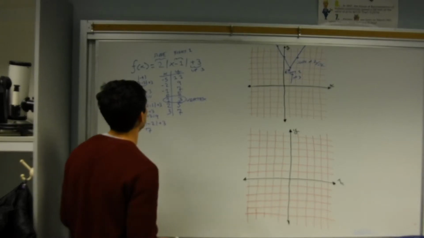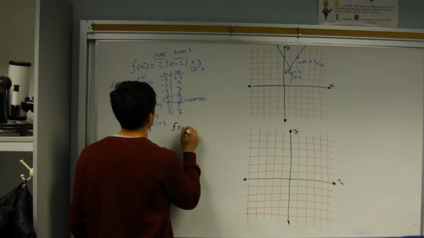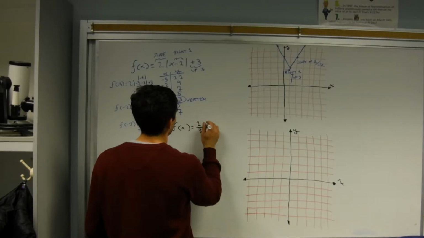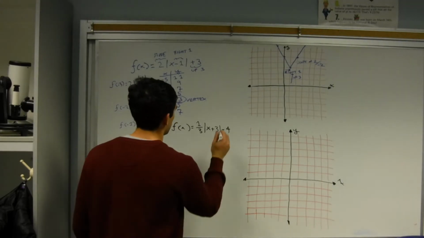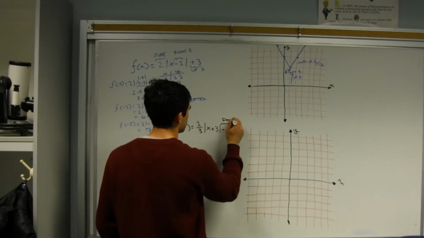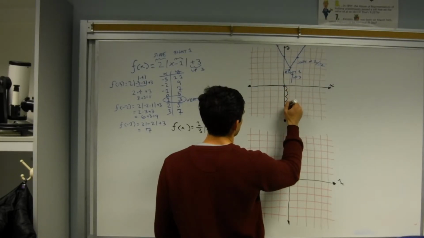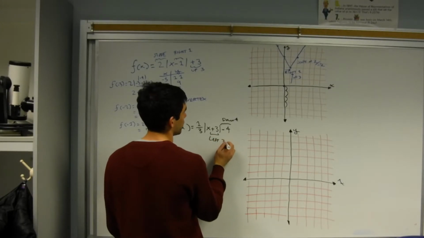So now let's do an example using the quick and easy method. So we'll say f of x is equal to 1/3 times the absolute value of x plus 3, minus 4. So we're going to go down 4. So if we start at the origin, we're going to go down 4. Then we're going to go left 3.